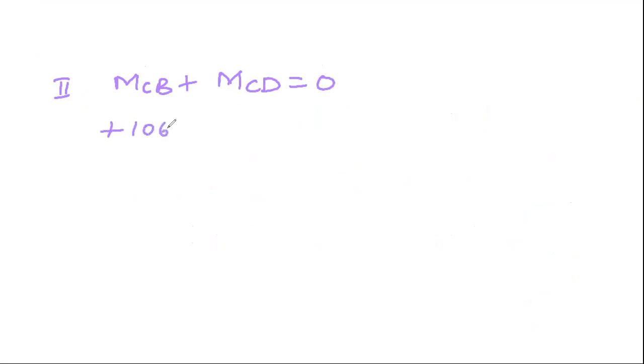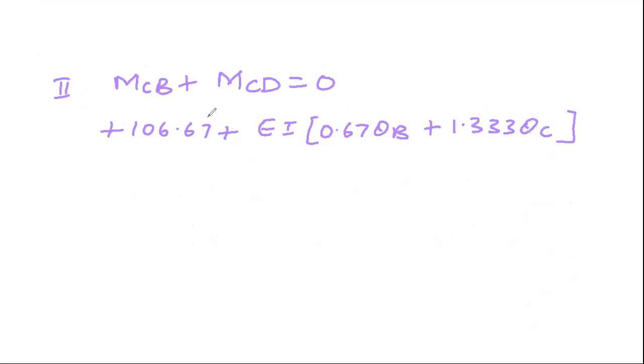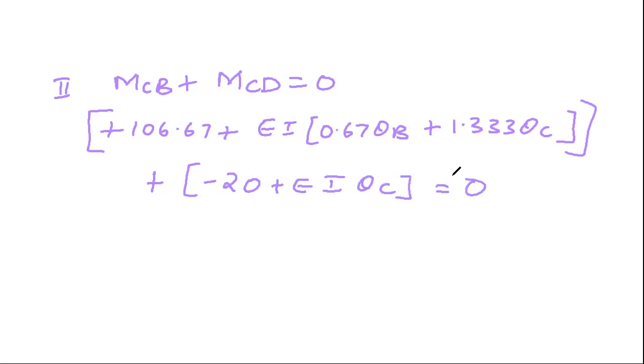Plus 106.67 plus EI times 0.67 theta B plus 1.333 theta C. This is MCB. Plus, what is the MCD value? MCD is nothing but minus 20 plus EI theta C, that is equal to 0.